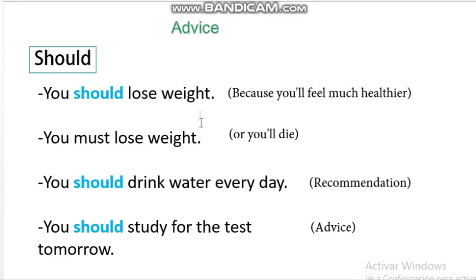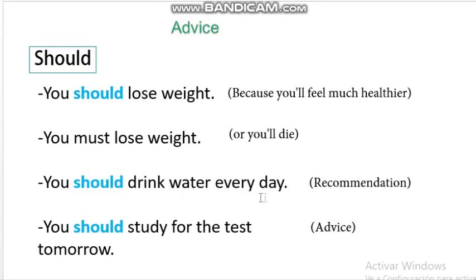"You should lose weight because you'll feel much healthier." So you are giving advice. "You must lose weight," because if you continue with that weight, you are going to die. So must is stronger than should, as you can see.